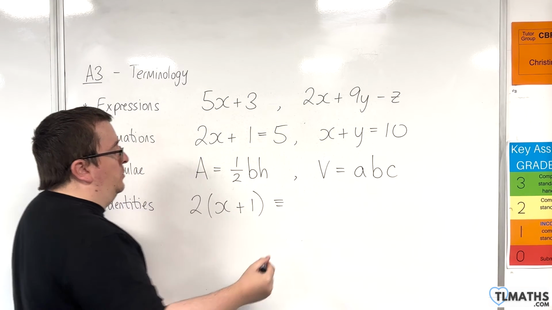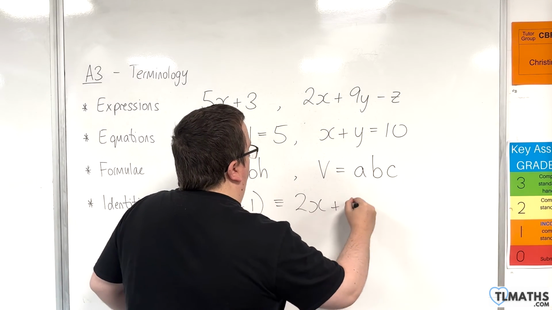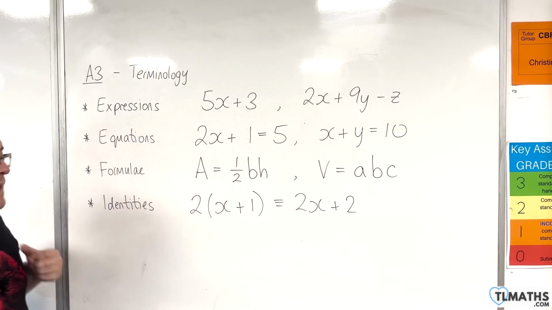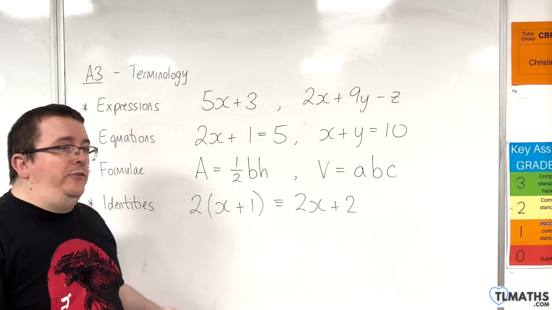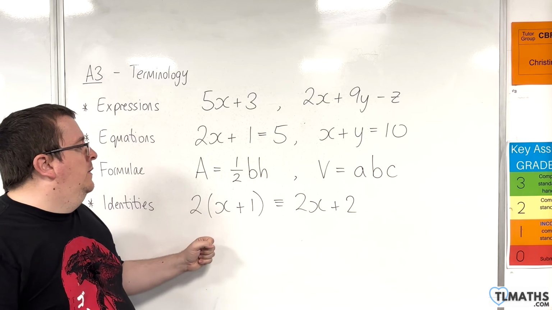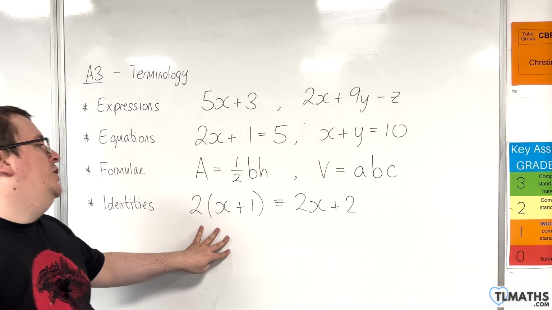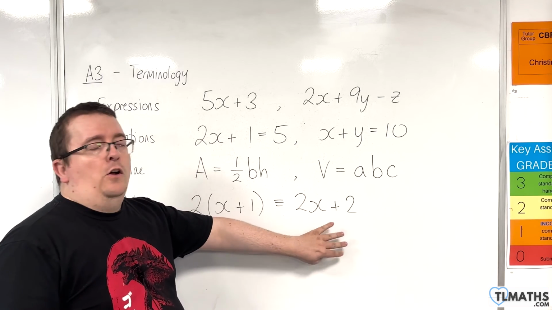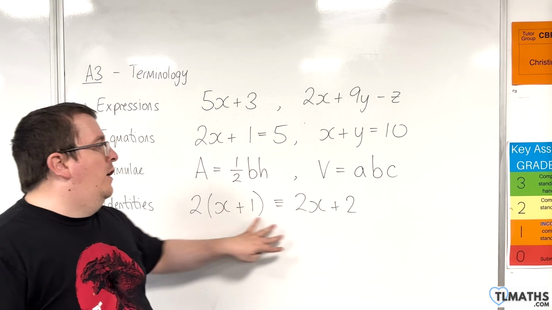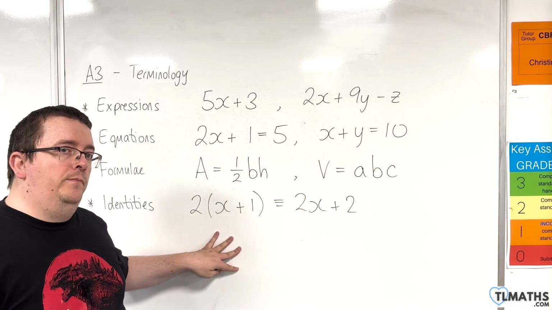This is identical to 2x plus 2. So it doesn't matter what value of x you substitute in to the left-hand side, you will get precisely the same thing on the right-hand side. They are always the same.